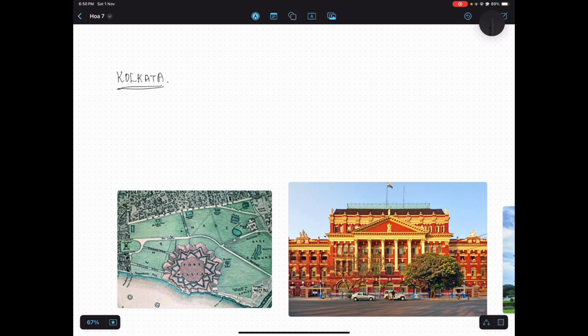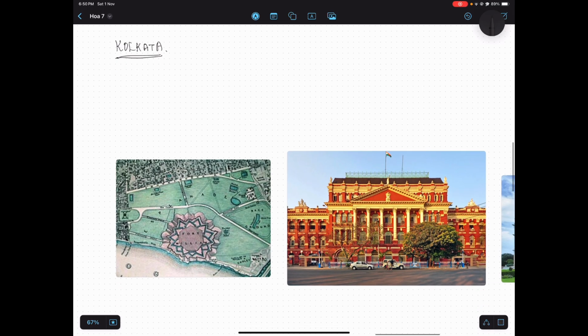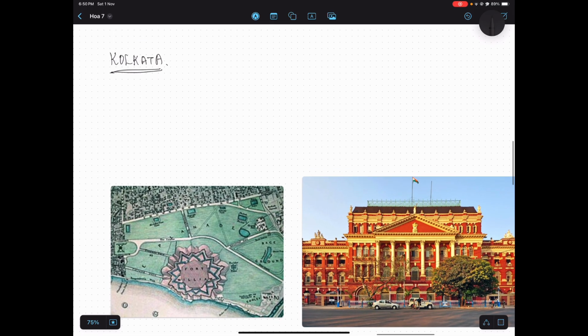And just a year later, the Britishers attacked again, and they gained power over Calcutta, and it was the capital of British India until 1911.